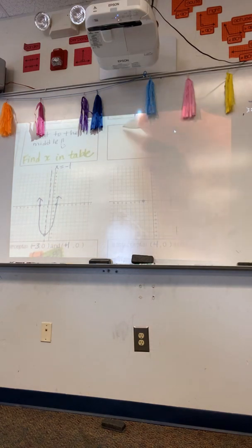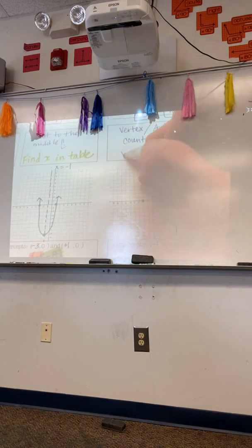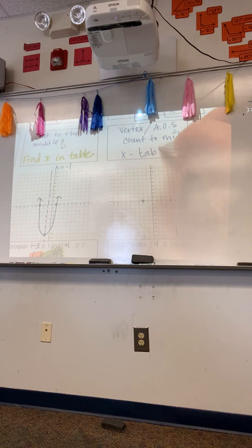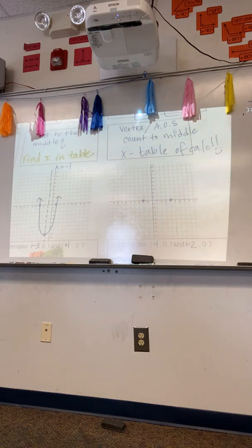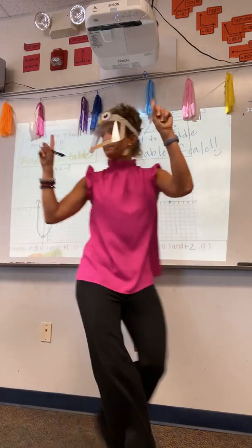And then to find your vertex or your axis of symmetry, you're going to count to the middle. And then you're going to find x in your table of your calc. We are going to use our pointer fingers.